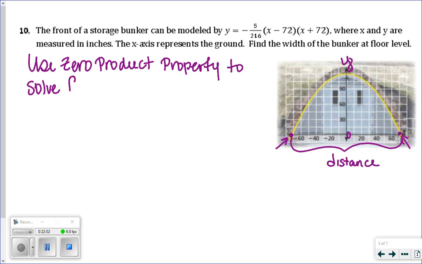The reason I can do that is because we're going to solve for x when y is equal to 0. That's why I can use the zero product property, because I'm solving for x when y is 0. Because that's when we'll be on the ground, right? That basically represents where the bunker meets the ground.